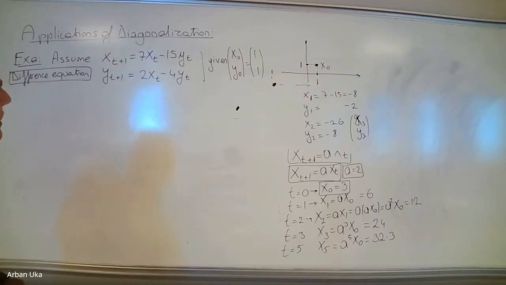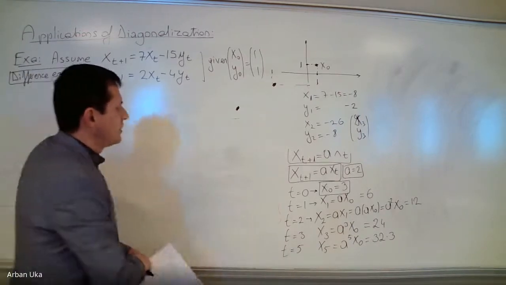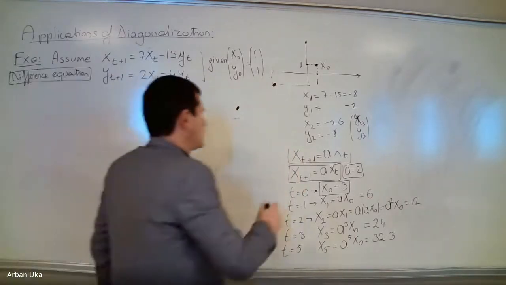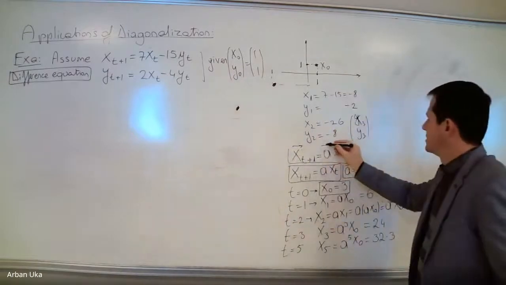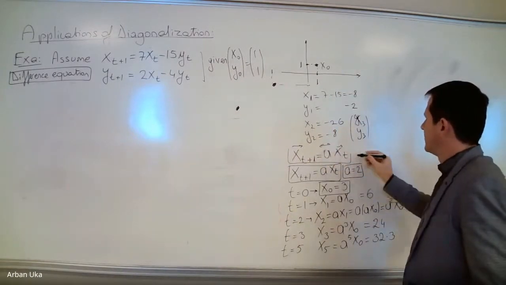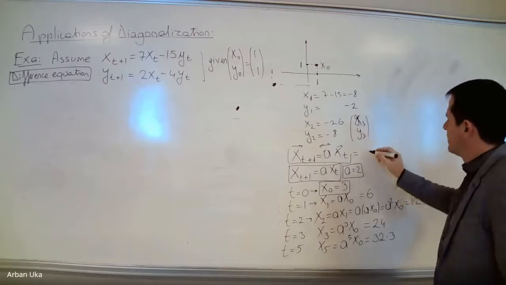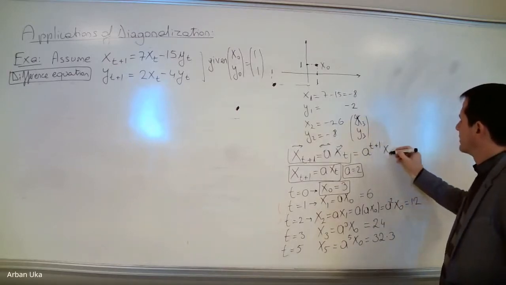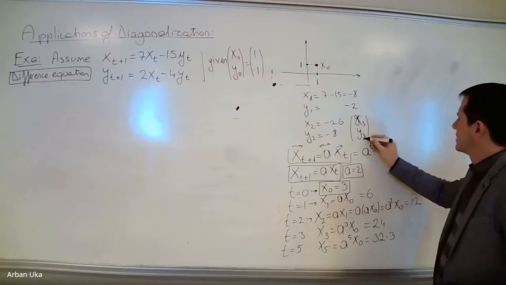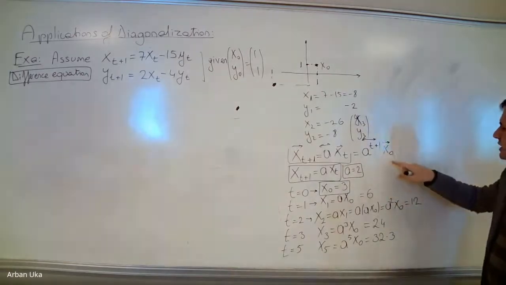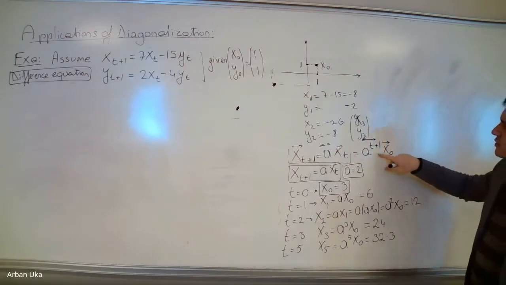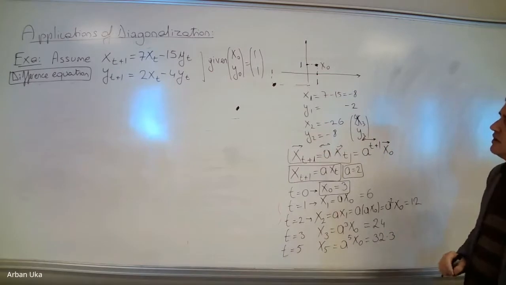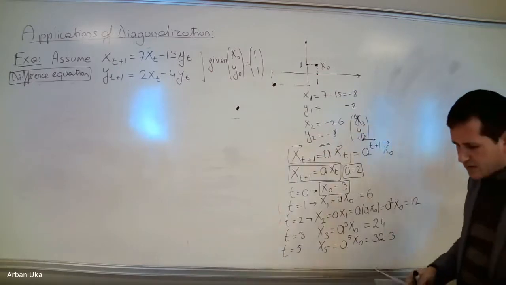Now, given the example that we saw here, what can be very useful is to write x_{t+1} equal to A times x_t. We can simply write this as A to the power t plus 1 times x0. So this is the matrix which we raise to a specific power and multiply with x0, so we can find the vector at some time later.